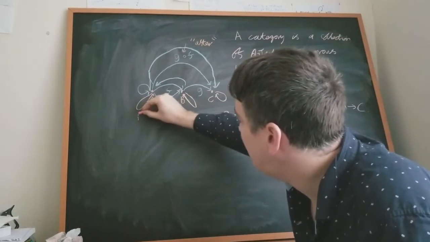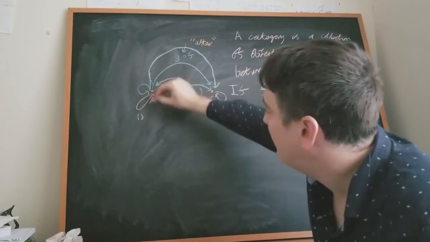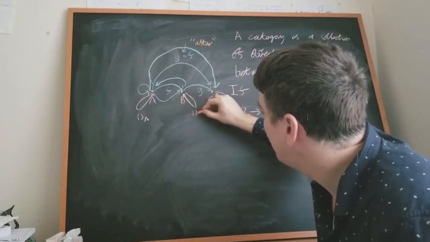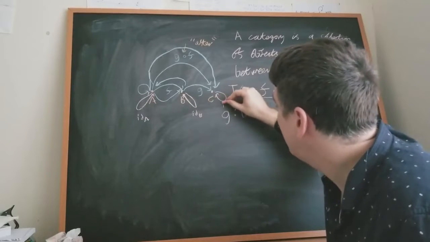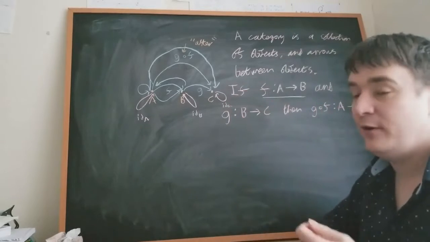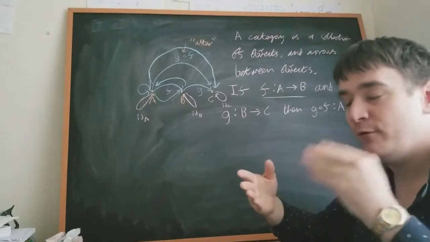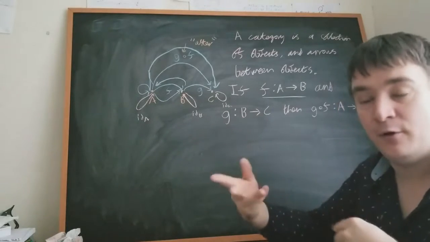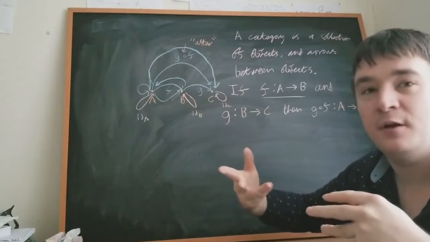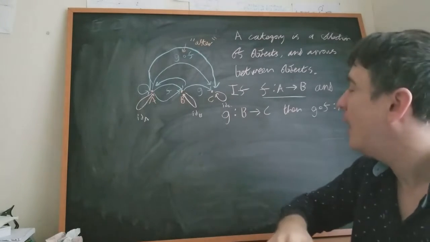And so we call the identity arrow associated with object A, ID A, this is ID B, and here's ID C. And these identity arrows have the property that if we compose them with another arrow, we just get the other arrow back. So they sort of represent do-nothing operations, a bit like when you add 0 to a number, you just get that number back.